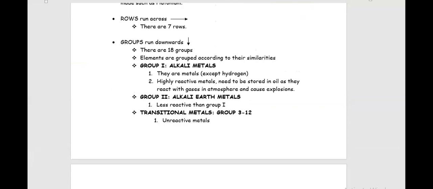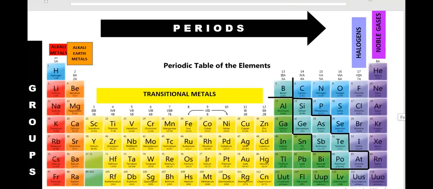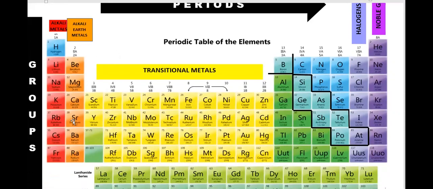Then we look at the second one, which is alkaline earth metals, right? So that's in group 2. And alkaline earth metals are also very reactive, but not as reactive as alkali metals. And we look at this section over here, the yellow section. All of these metals here are called transitional metals, okay?